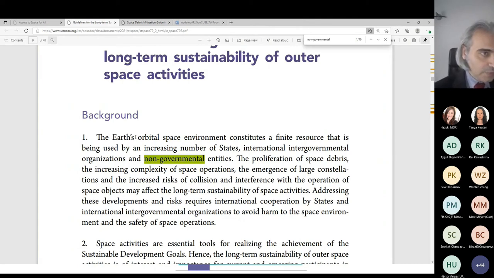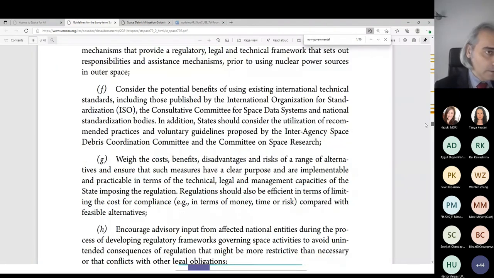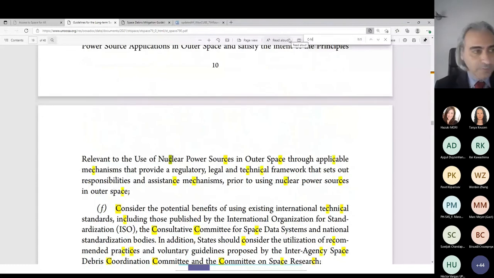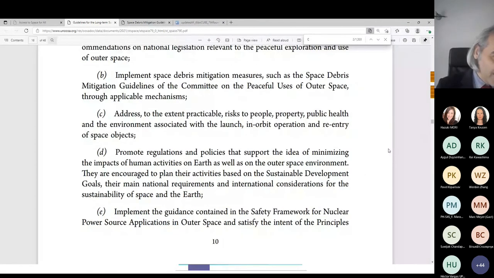One example could be, for instance, the C4 guideline, and I'm going to search for C4 or C. That is not going to work. So allow me for a second. Non-governmental.